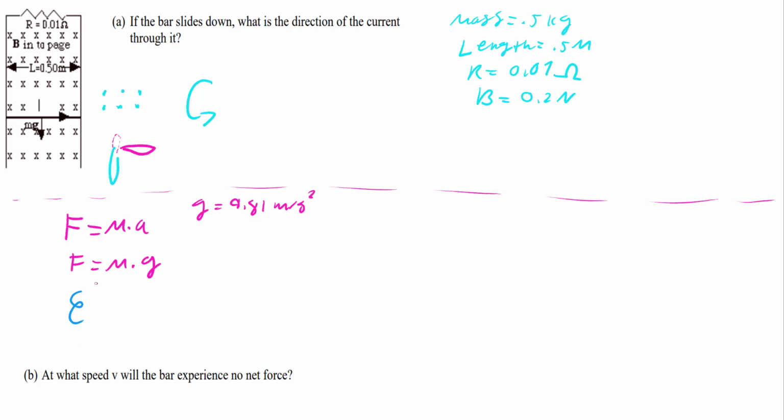That's equal to the velocity, v naught, multiplied by the B field, multiplied by the length. Okay, cool.